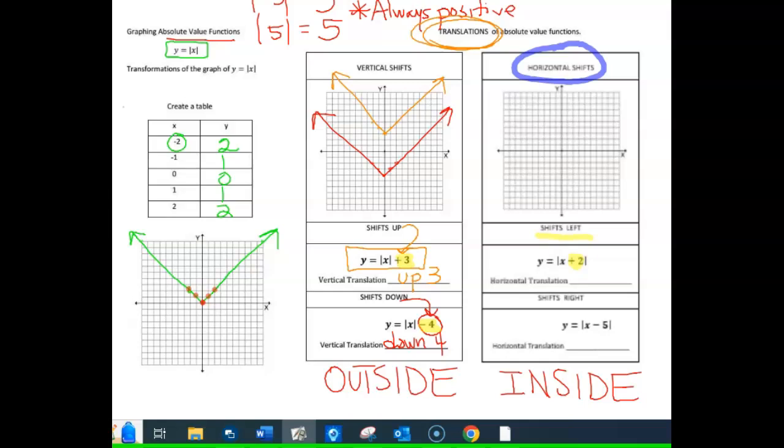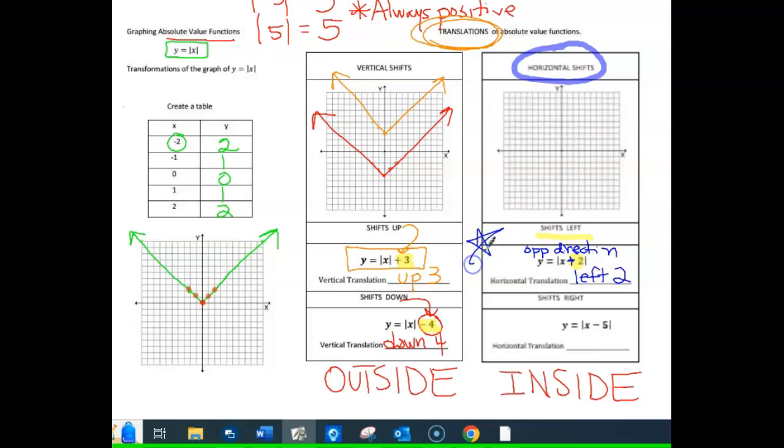But usually you guys think when it's +2 you would go to the right. It's actually the opposite direction. So if it's inside the absolute value and is +2, you're actually shifting left 2. Now I know that's something you're going to have to memorize.